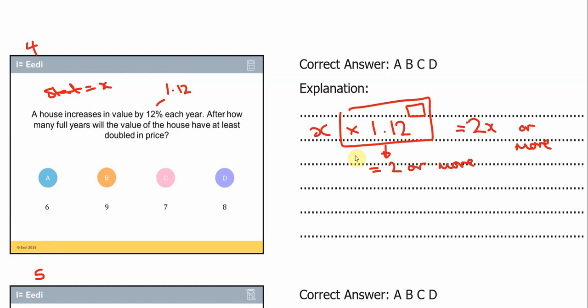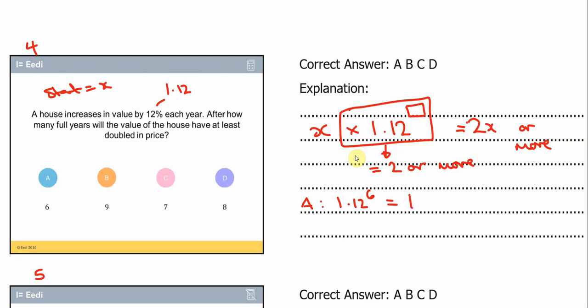So we're thinking, what power do we need to raise 1.12 by to make this a value of 2 or more? Because then we're doing x times by 2, which will obviously double the value. So I'm just going to try out some of these numbers. I'm going to try out A. So 1.12 to the power of 6.